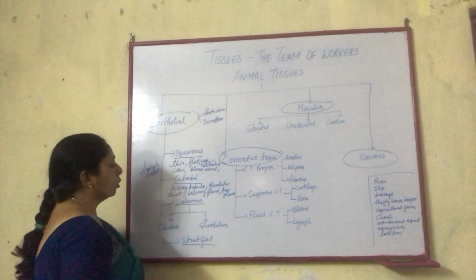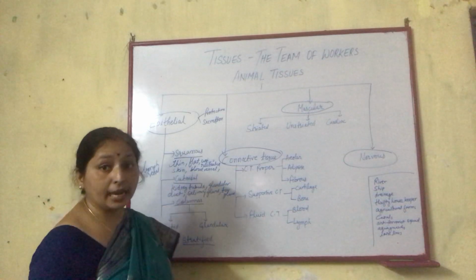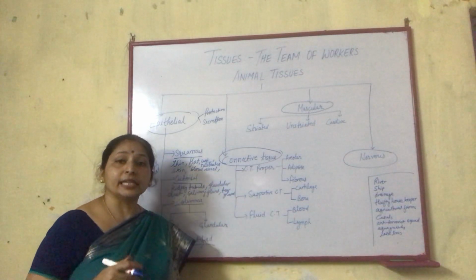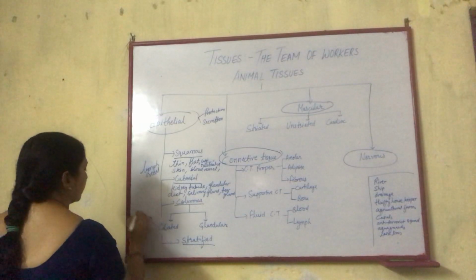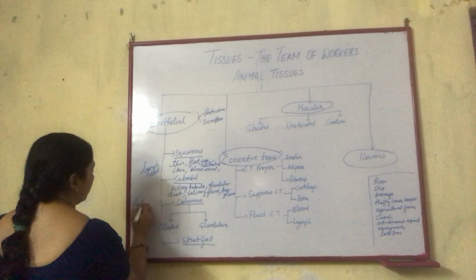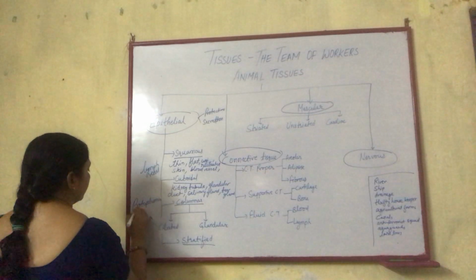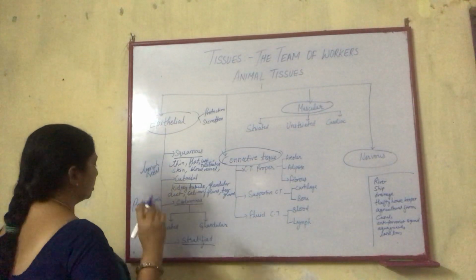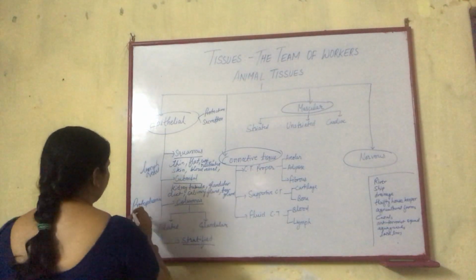Next is the columnar cells. Columnar cells are of two types: ciliated and glandular. Ciliated cells: cilia is a protoplasmic projection. Do write these terms. So, what is cilia? Cilia is a protoplasmic projection.